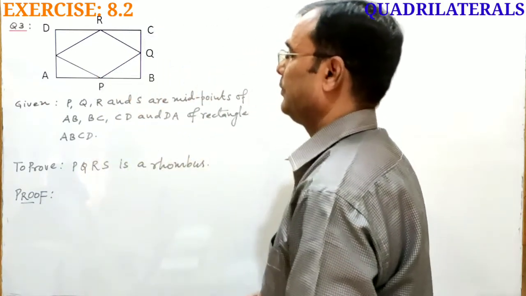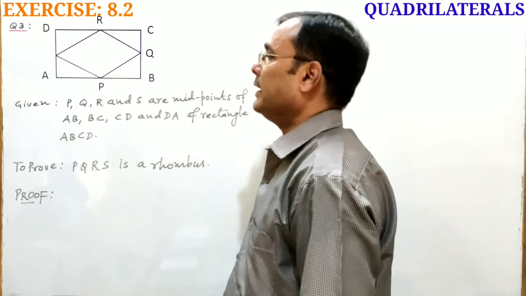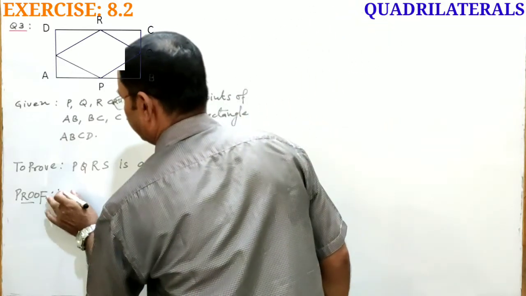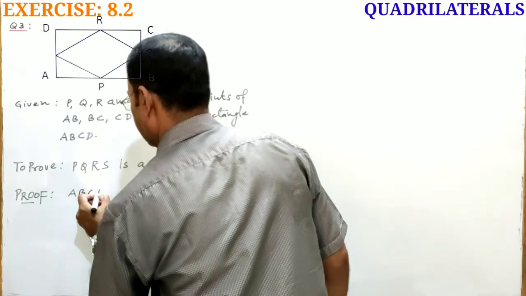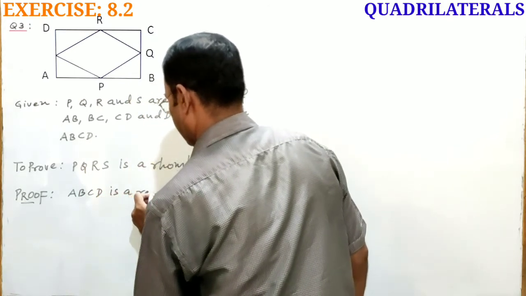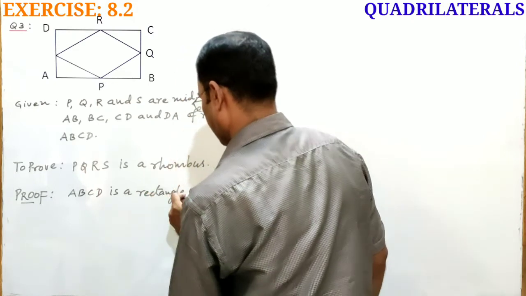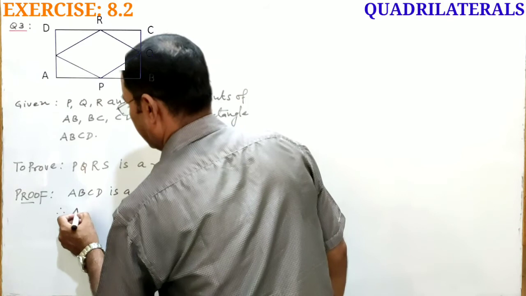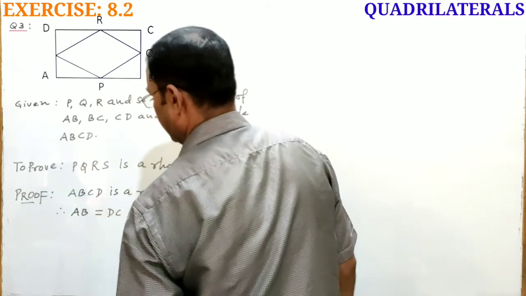Proof: as ABCD is a rectangle, so opposite sides are equal. ABCD is a rectangle, therefore AB is equal to DC.